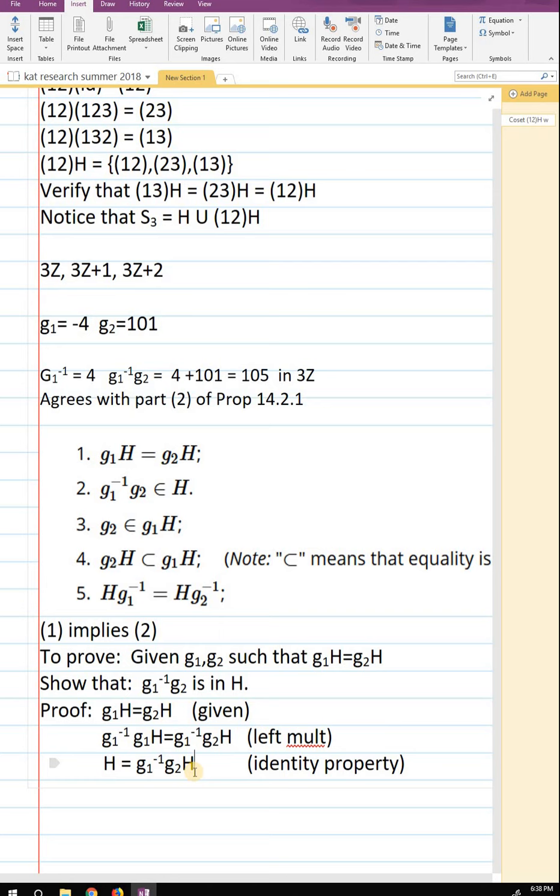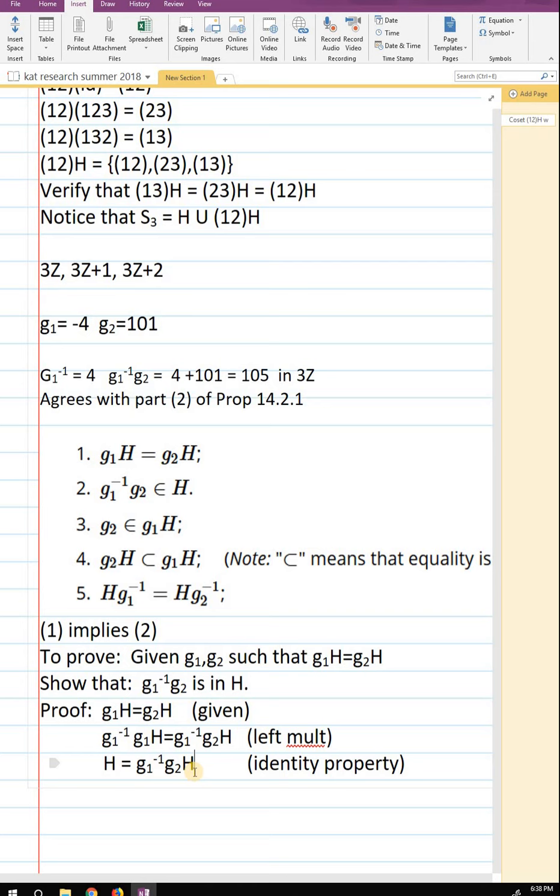G1 inverse times G2 cannot equal 1, because they're not inverses of each other. There's G1 inverse of G2, not G1 inverse of G1. That's going in a circle. Never mind. I was going to say substitute G2H.